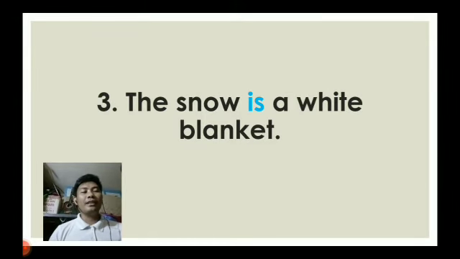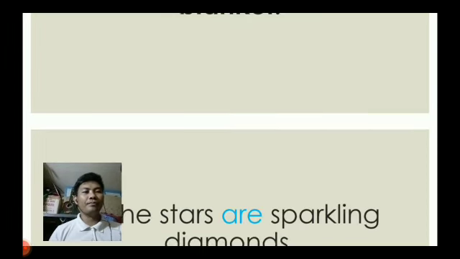Number three, the snow is a white blanket. We see here the word is, and remember that in a metaphor, you simply compare two different things without using the word as or like. And here we use the word is.